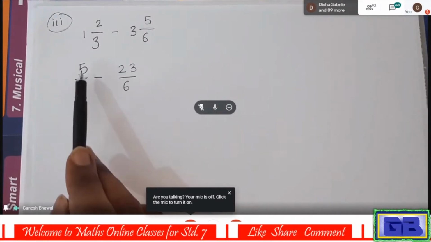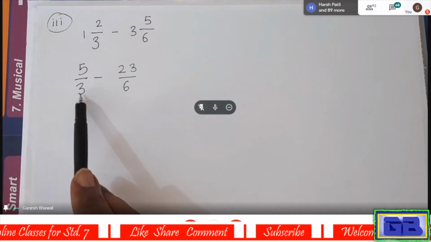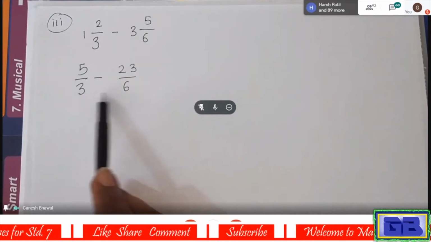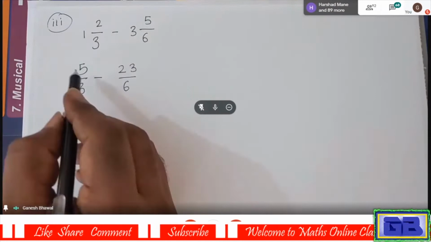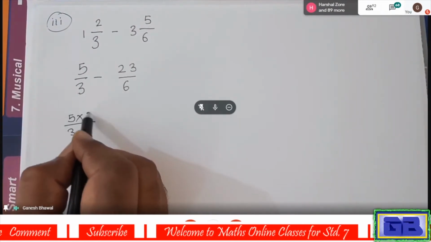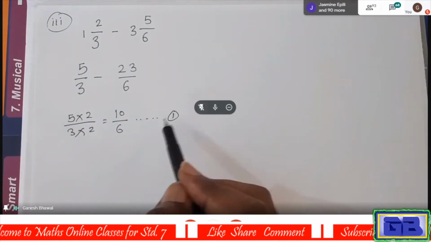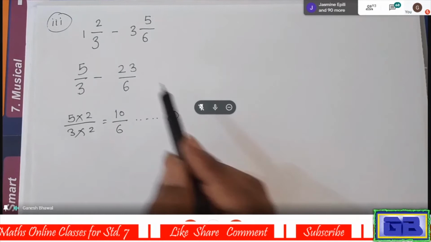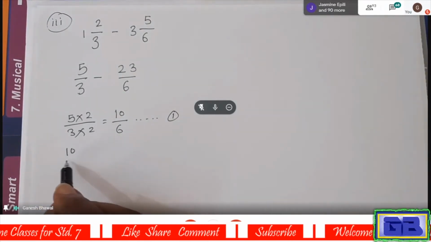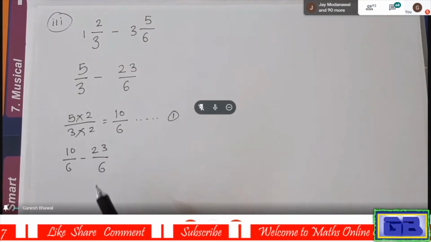Therefore multiply numerator and denominator by 2 so that we get an equal denominator and then we can subtract. Take the first fraction down, 5 by 3 multiplied by 2 equals 10 by 6. This is your first point and this is the second as it is. So take 10 upon 6 minus 23 by 6.